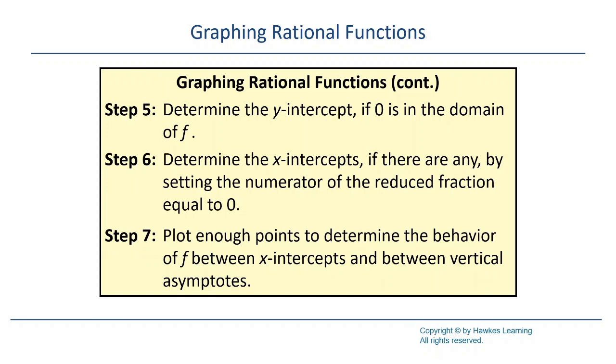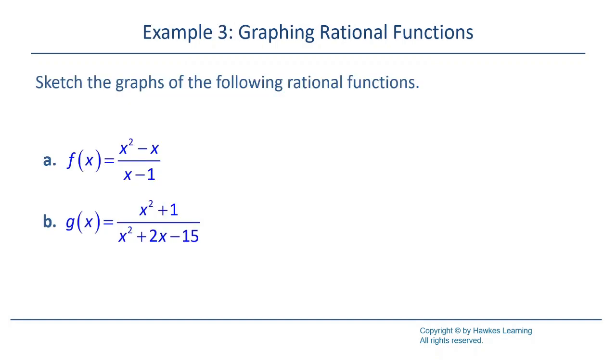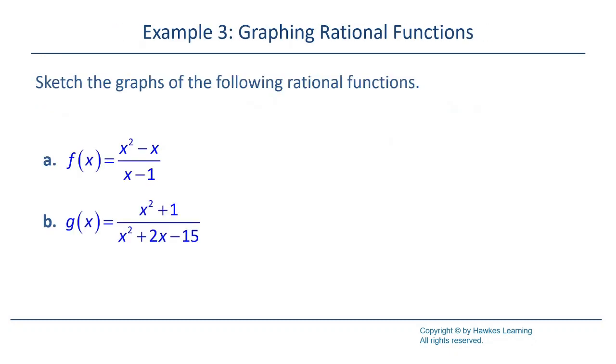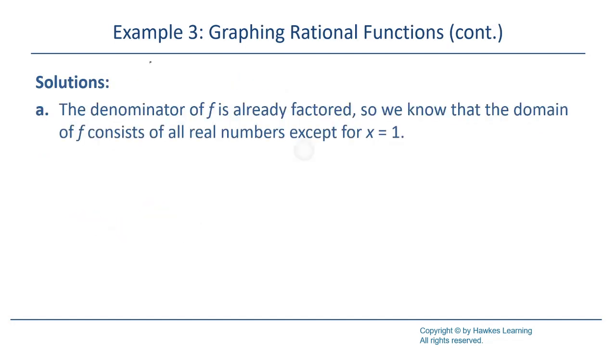And then typically you pick a few points between the zeros, the intercepts, and the asymptotes, and those help guide your graph. So we'll just do these two for a good example. So x squared minus x over x minus 1.